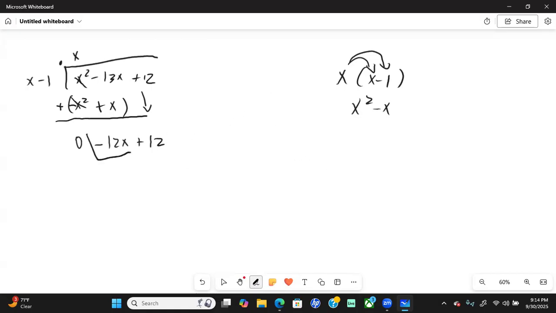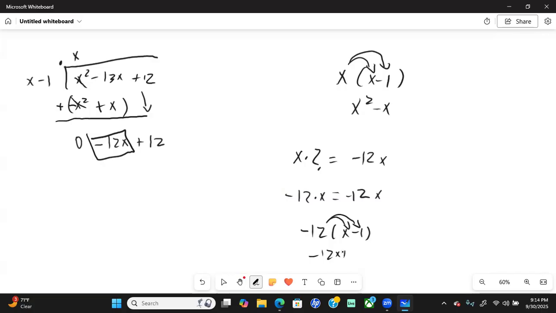Now I have to get rid of all of this. So x times what equals negative 12x? Well, negative 12 times x equals negative 12x. So negative 12 times x minus 1, that's going to be this.